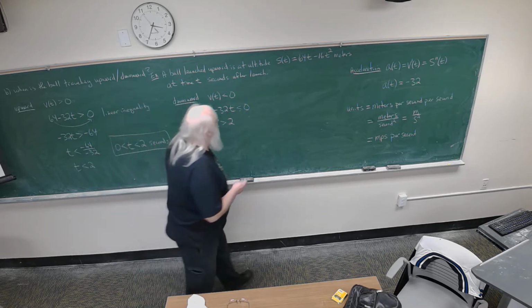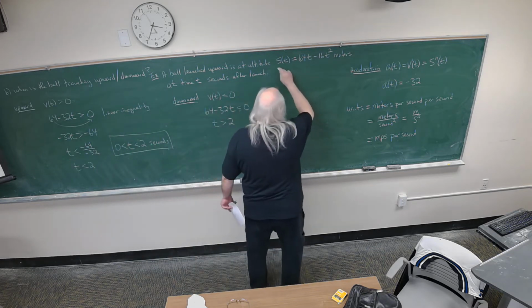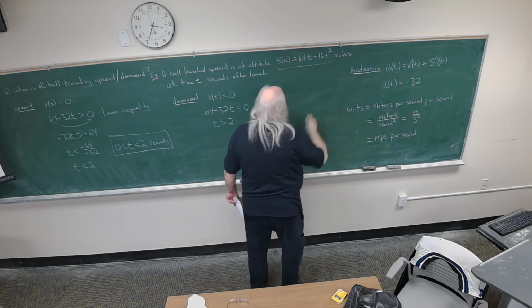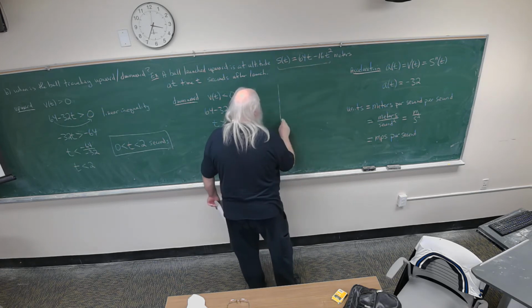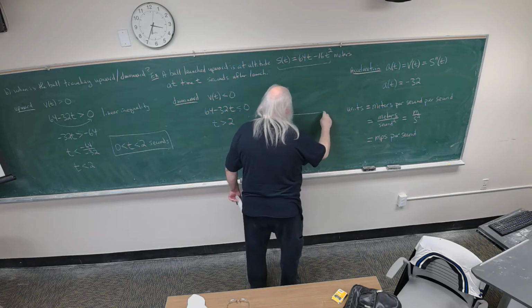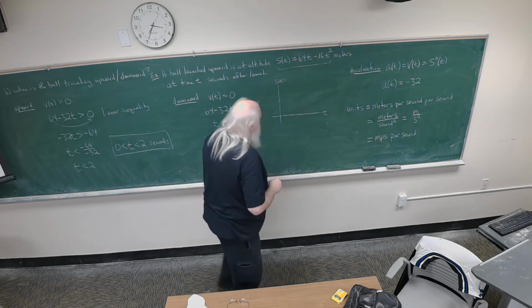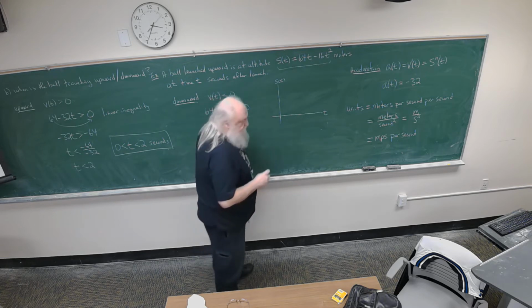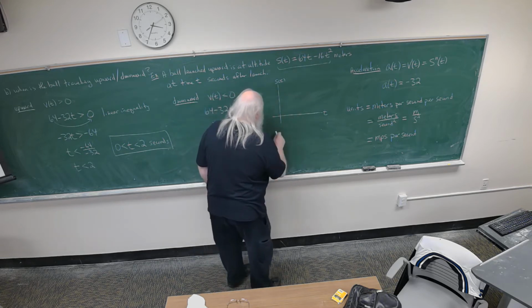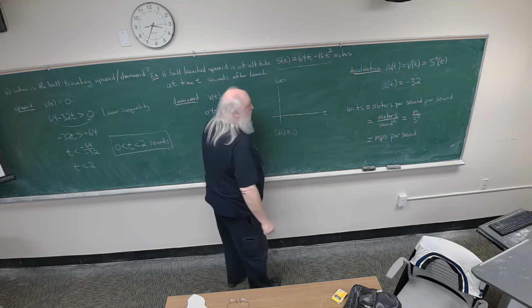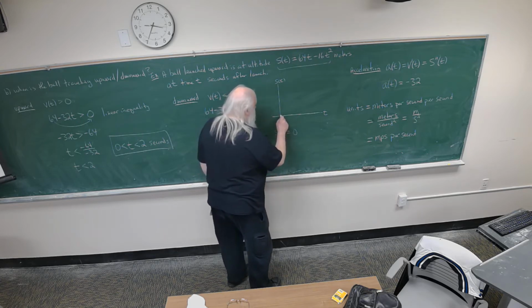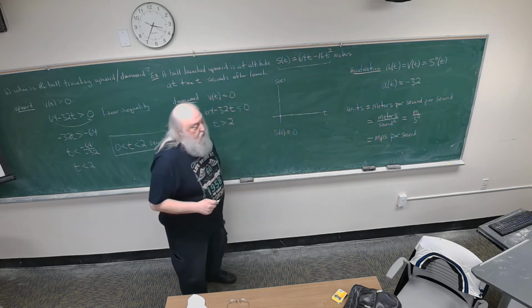Okay? So here's what you got to be familiar with. S of t here is a quadratic function. And S of t gives us the height of the ball as a function of time, right? Well, at t equals 0, S of 0 is equal to 0. So the height of the ball is 0, it's on the surface of the earth.